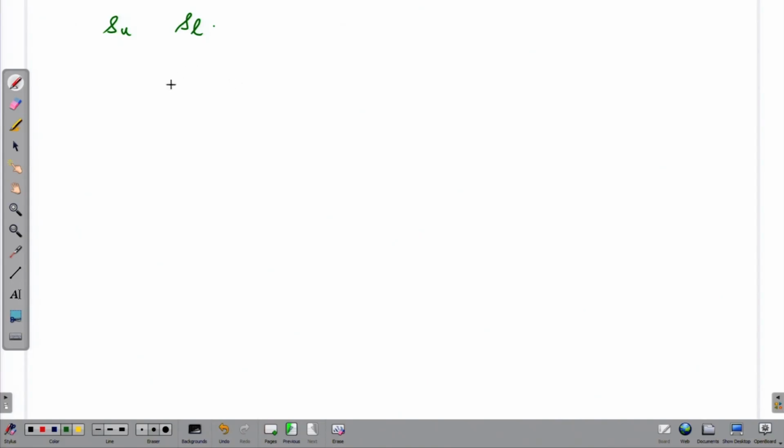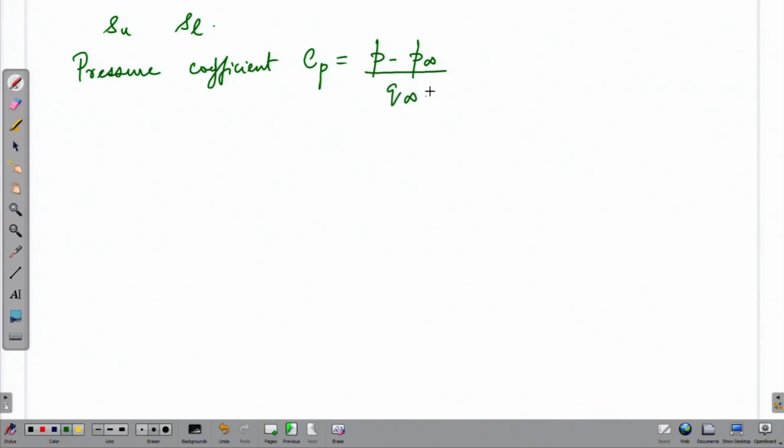Before we do that, we incorporate another two coefficients into our list: the pressure coefficient Cp, which is the difference between the local pressure and the free stream static pressure P infinity.